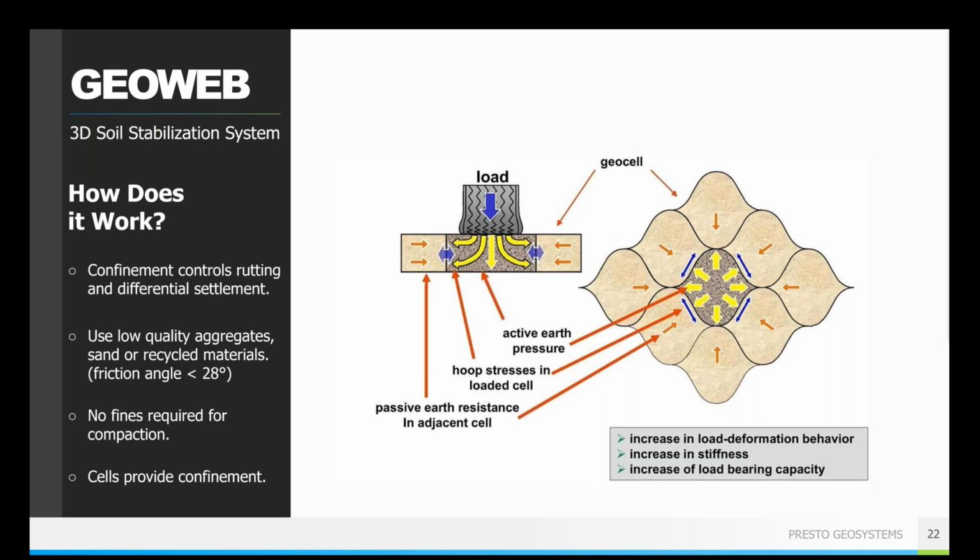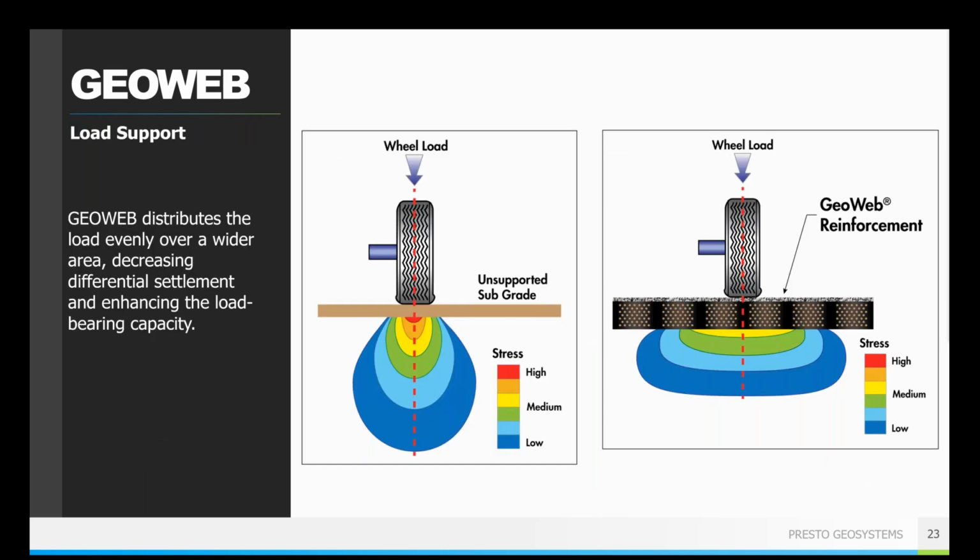the key point comes out to what you see in this graph here, and that is how the stresses are distributed when you have GeoWeb reinforcement. Basically you have, in this case, on the left-hand side, an unsupported subgrade and the GeoWeb reinforcement on the right.